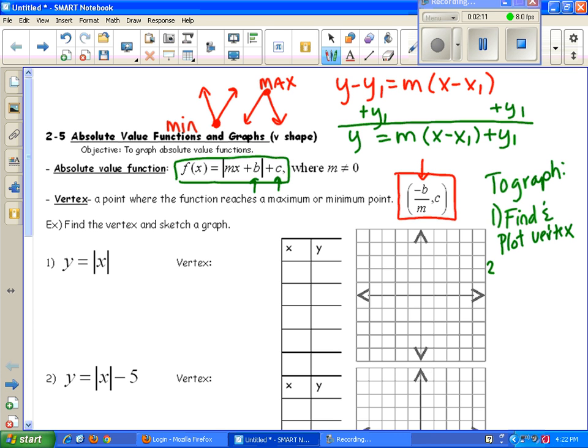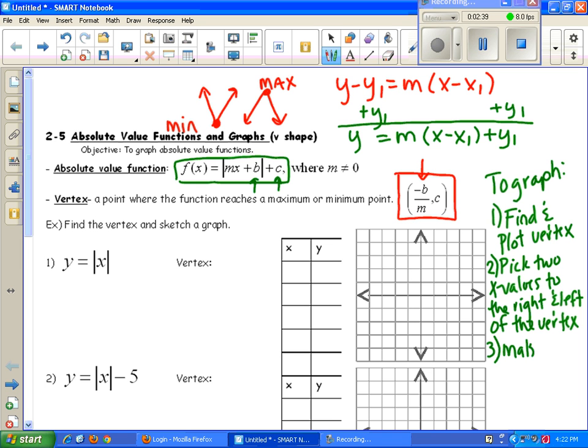Then step 2, I pick two x values to the right and left of the vertex. And then step 3, I make a chart or a table and plot the points. So those are the steps that I follow when I'm graphing.